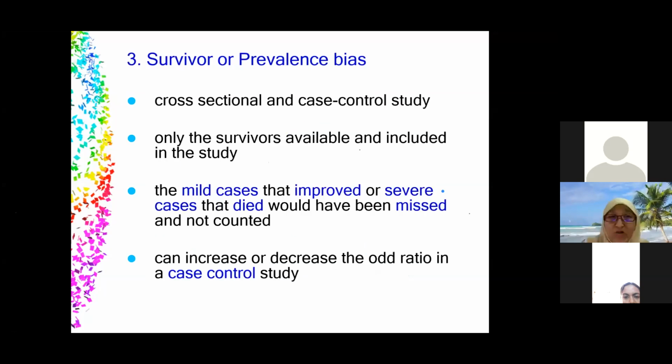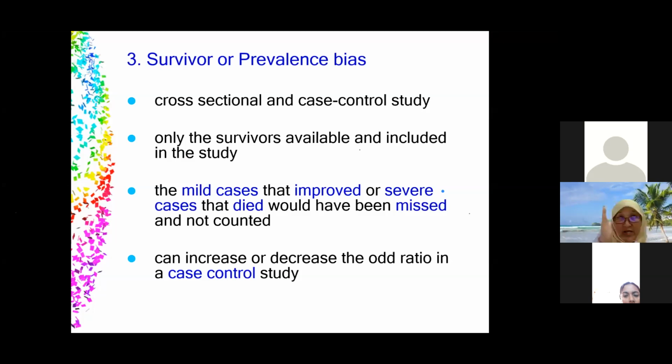Now, again, another selection bias, survivor bias. This always happens in cross-sectional or case control study, because when you buat cross-sectional or case control, you only catch the survivors. Yang jadi sample tu is only the people who survive, that will be included in the study. Because whoever has mild cases, for example, kalau flu kan, sekejap saja sudah baik.